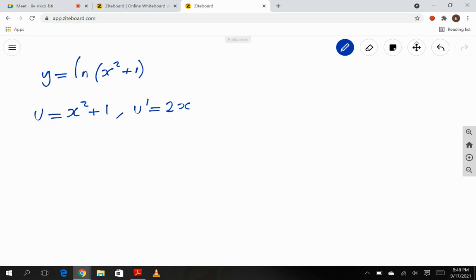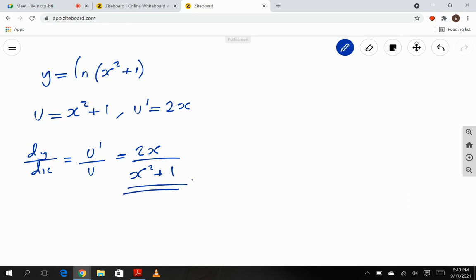So then remember, dy/dx is equal to u prime over u. So what we are going to have is 2x over x squared plus 1. So that's how you want to go about these questions.